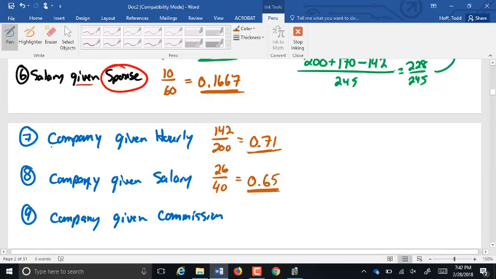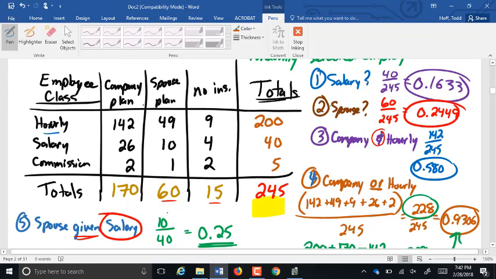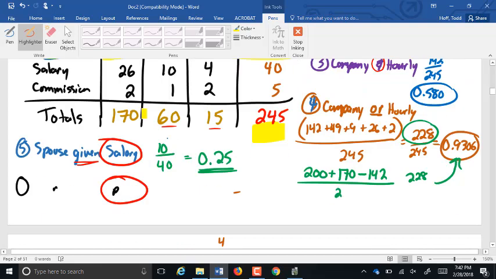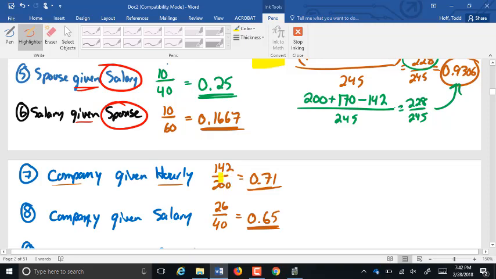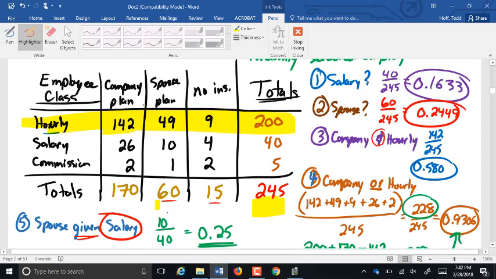The company plan, given that they're hourly. So I went up here and we said, okay, that means that we're only looking at the hourly employees now. There's 200 total, and 142 of them are on the company plan. So that was 142 out of 200. Then for a given salary, now we're only looking at the ones that are on salary. So that's the 26 out of 40.